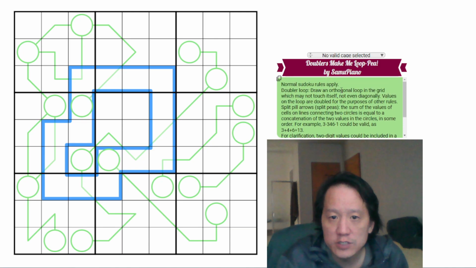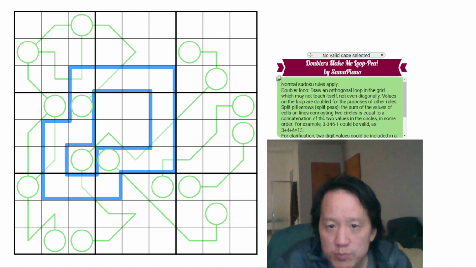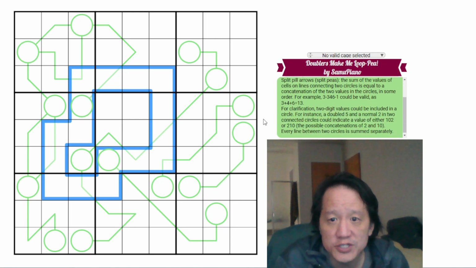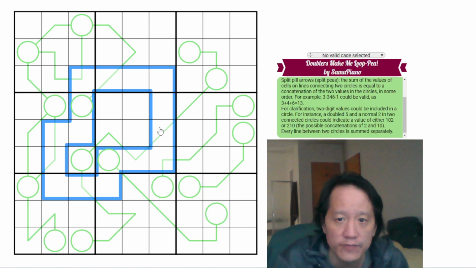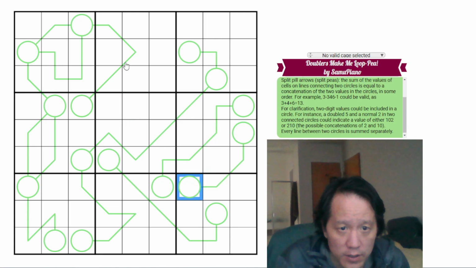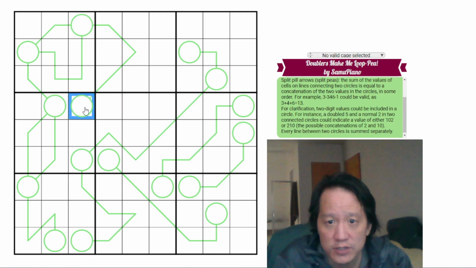Okay, split pea arrows. The sum of the values of cells on lines connecting two circles is equal to a concatenation of the two values in the circles in some order. For example, let's do a 3 example.